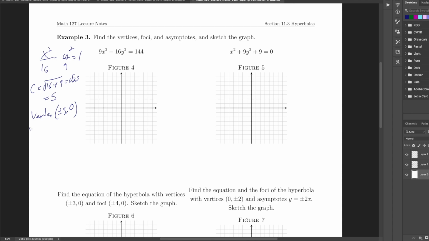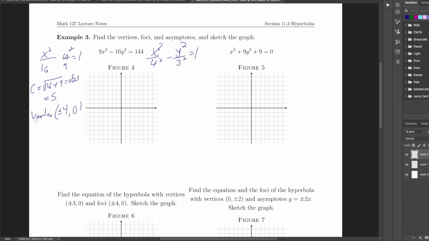Our foci, oops, no, the vertices would be plus or minus 4, sorry. Go back. It'll be here, so it'll be 4 and 0. Since 16 is the same as 4 squared, I guess I should write that. x squared over 4 squared minus y squared over 3 squared equal to 1.